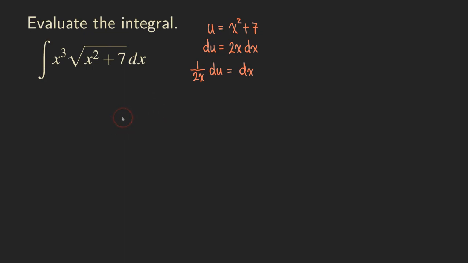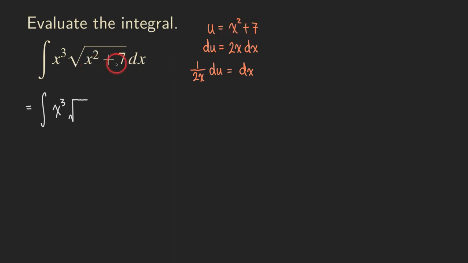Okay, so now we are going to go back to our original integral and see what's going on. We have the integral, and then there was the x cubed here that we didn't touch, and then there was the square root, and then what do we have here? We make that substitution. We called u x squared plus 7.